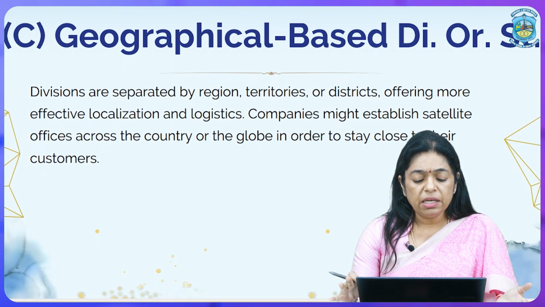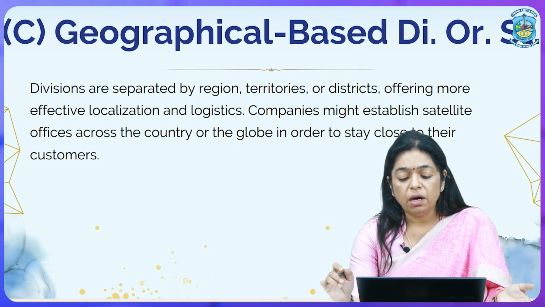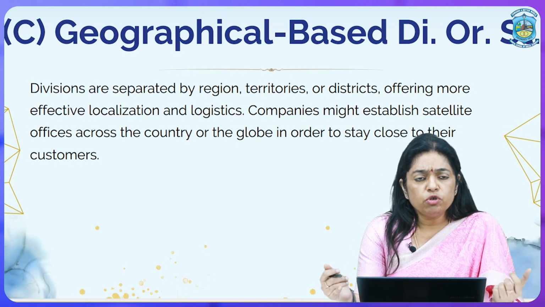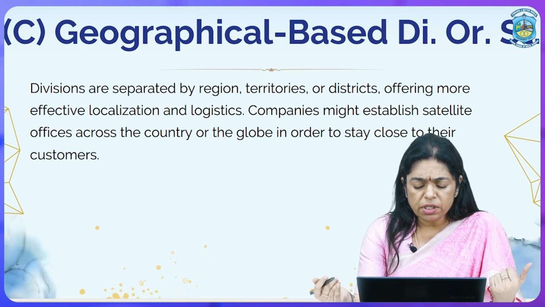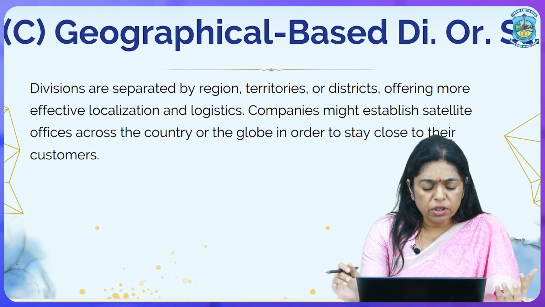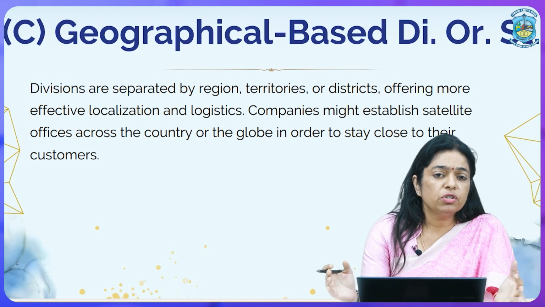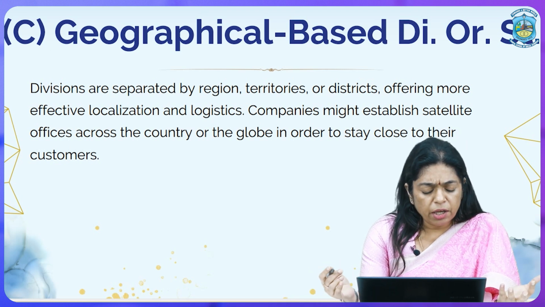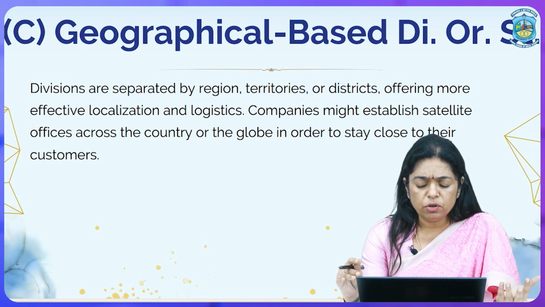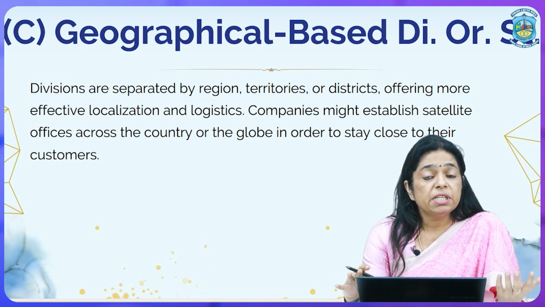The third is the geographical-based divisional organization structure. When we talk about geographical-based divisions, multinational companies may function in one country, or in different parts of the globe. Therefore, they may establish satellite offices across the country or the globe, so that they may stay connected.